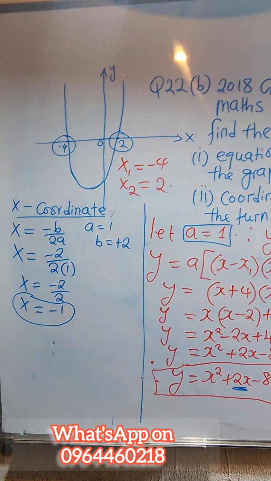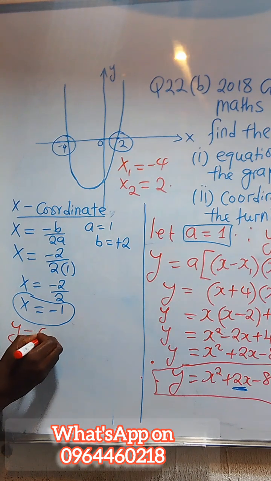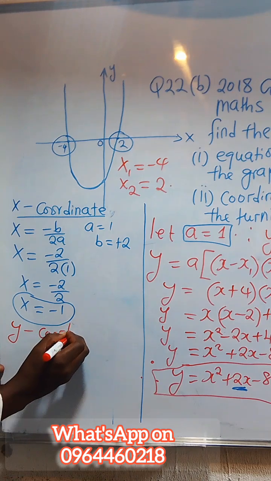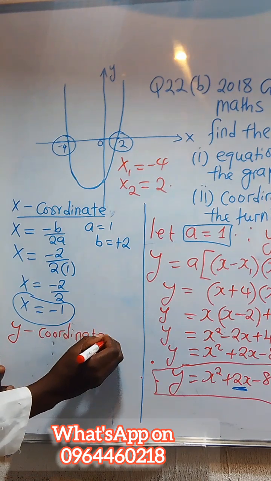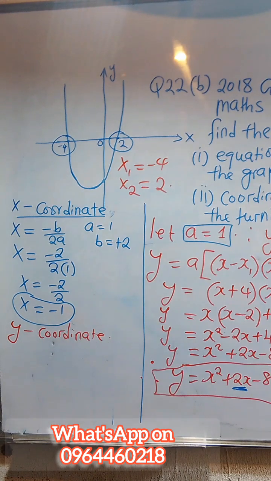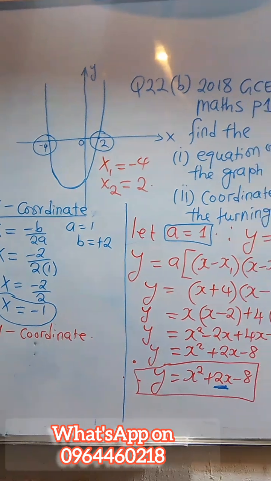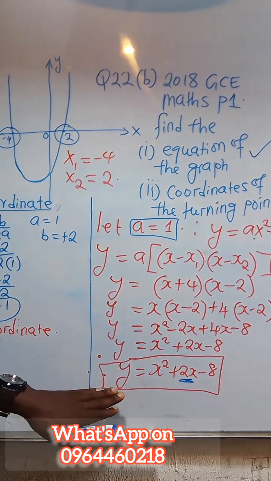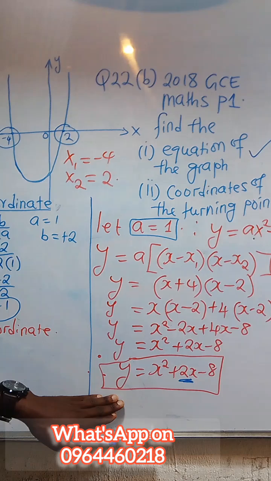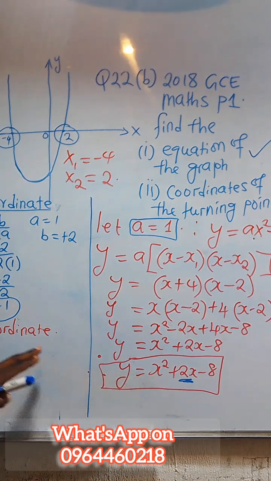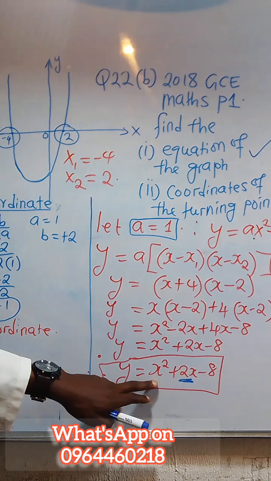Now we need to find the y coordinate. All you have to do is take the equation, and where there is x, put negative 1.